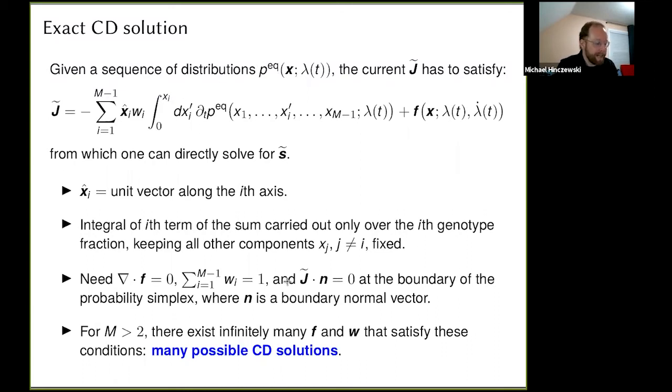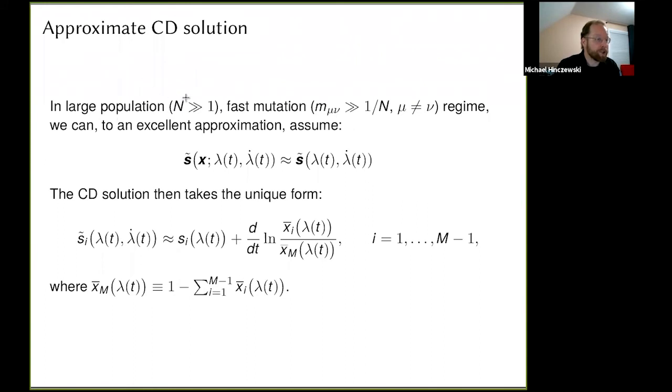It turns out that in the scenarios that we think are most relevant to our evolution, to our kind of laboratory systems that we're eventually interested in testing this out, the populations typically are large and the mutation rates are typically fast in these systems. And in that regime, instead of using a fully x-dependent S tilde, there's an approximation you can make that essentially just becomes dependent on the protocol and the rate of the protocol changing. And in that case, rather than getting infinitely many solutions, the solutions converge on a unique form, which looks like this.